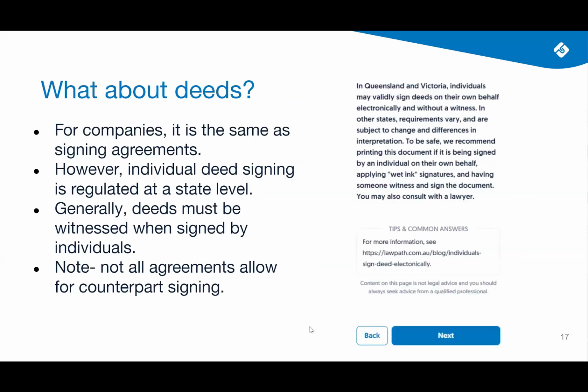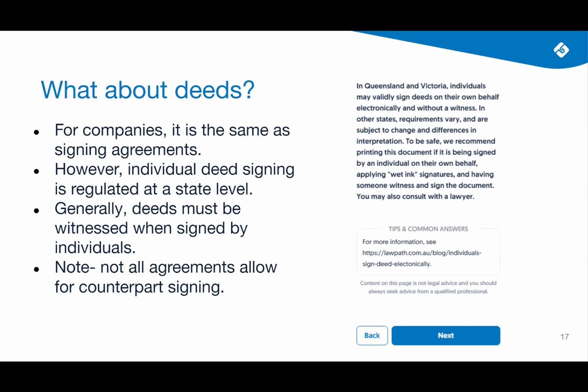But what about deeds? All the information I've given so far refers to agreements. For companies, it's exactly the same as signing agreements, and these things used to be different, but they've been harmonized by the Corporations Act since COVID.